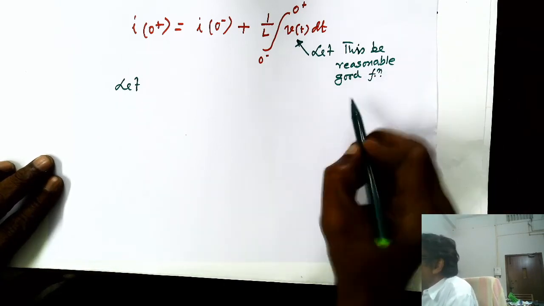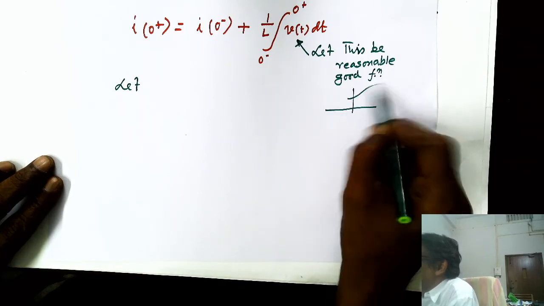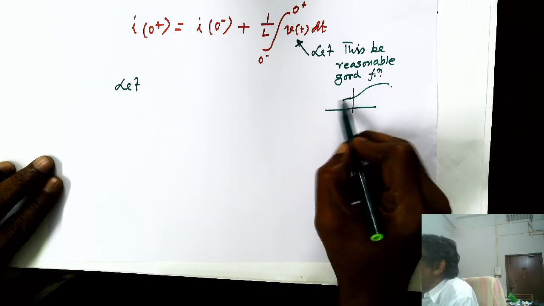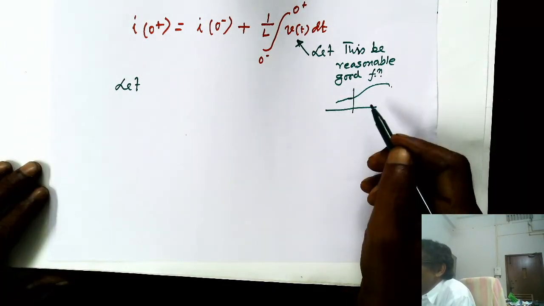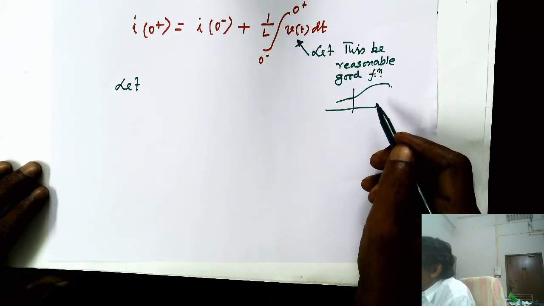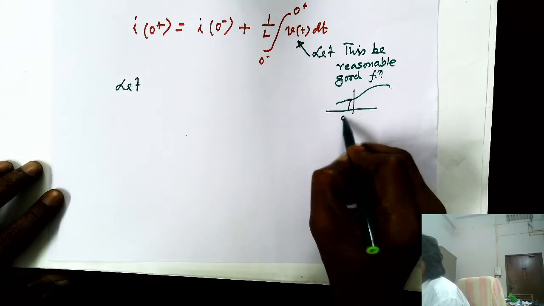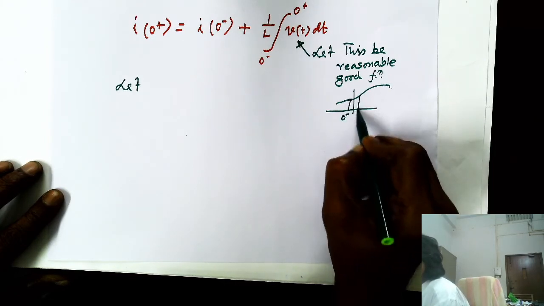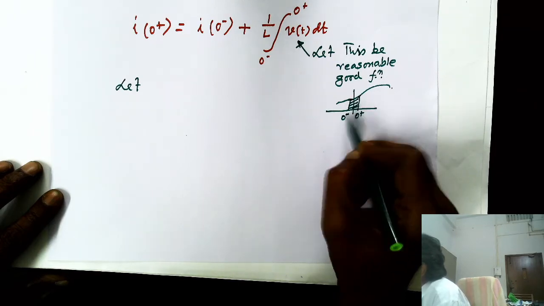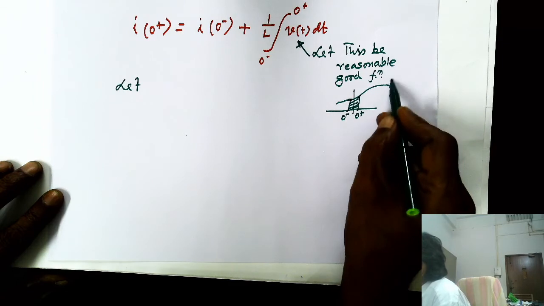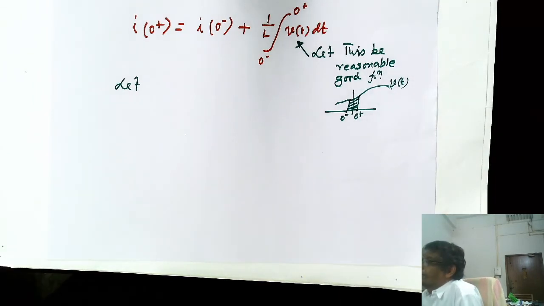For example, v(t) is supposed to be like this, whatever voltage you applied earlier and before, the voltage is something like that. And I am concentrating on this integration, which I am showing on a larger scale, between 0 minus and 0 plus. This integration I want to get, v(t) dt from 0 minus to 0 plus. Suppose it is a continuous function like this.